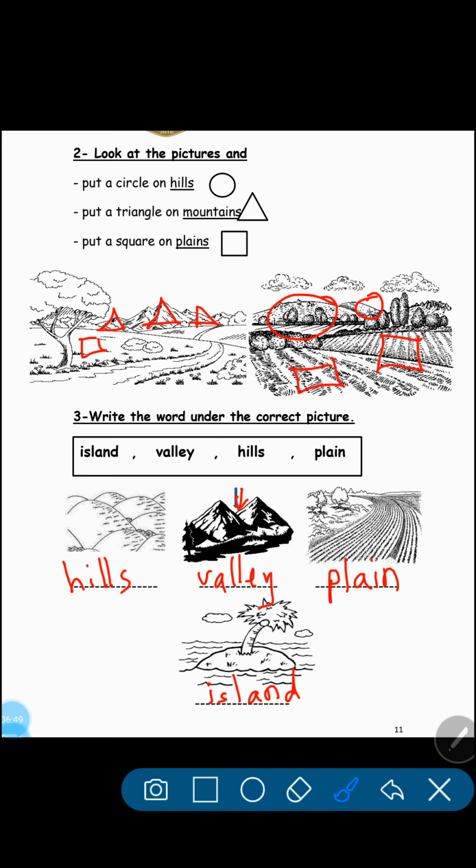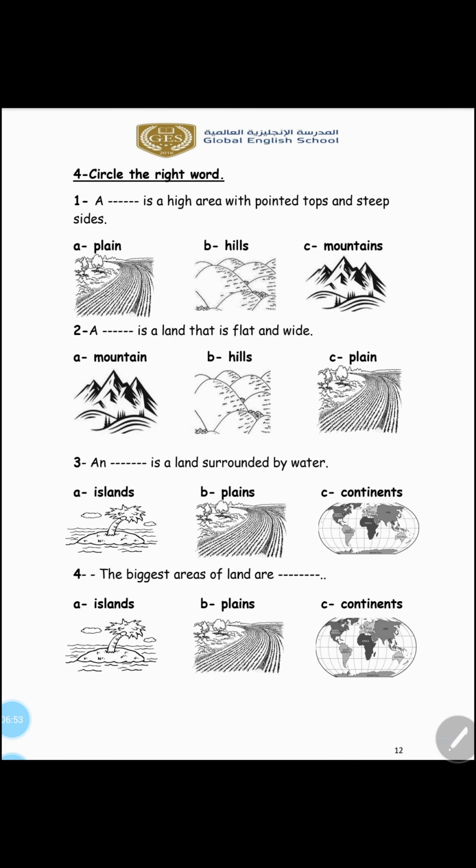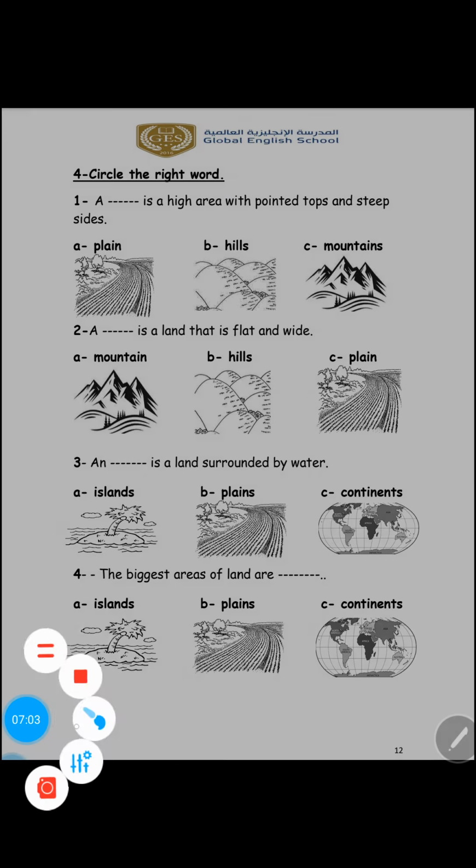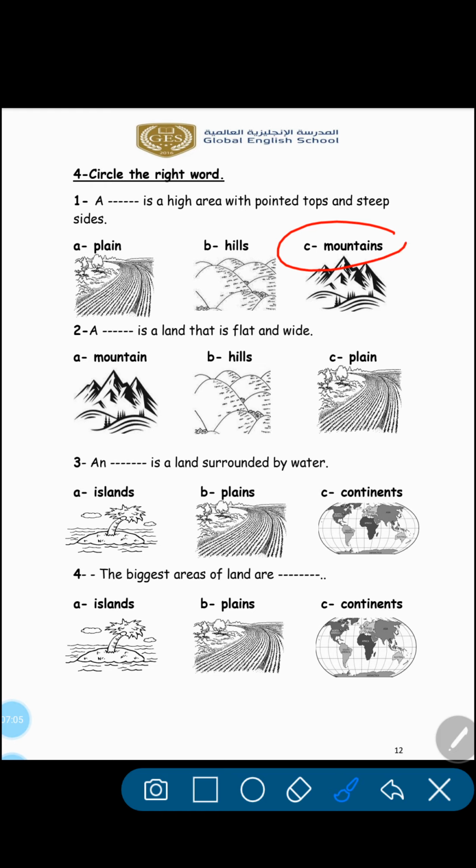Let's go to the last page. Circle the right word. Number 1 is a high area with pointed tops and steep sides. Excellent, it's a mountain. Number 2, a blank is a land that is flat and wide.